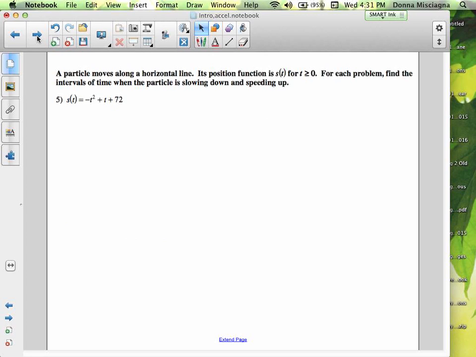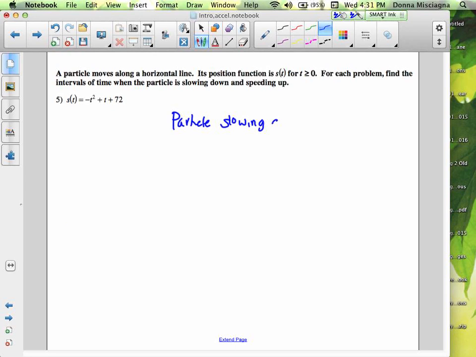All right, so we want to find when our particle is slowing down and speeding up. So the particle will be slowing down when the velocity and acceleration have different signs.